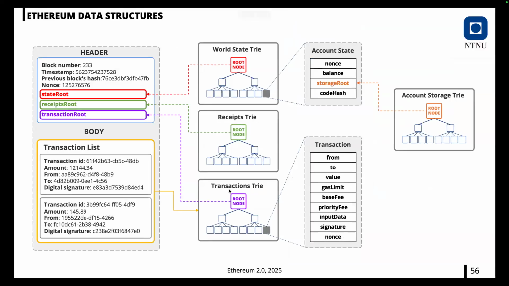So and then how is it represented? Again, we don't have to go to that level, but it's worth knowing that we have basically three data structures. And those three data structures are all representing the state of the blockchain in Ethereum.